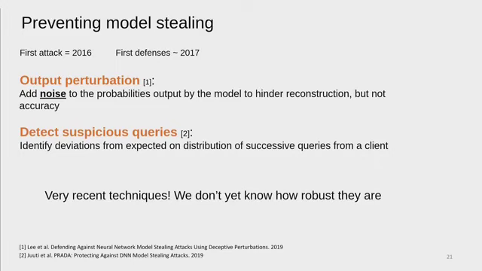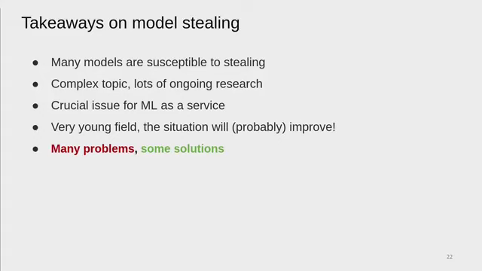But there's this trade-off where you have to be careful not to reduce the accuracy too much. The other option is to detect suspicious queries. For example, collect the number of queries that have been executed, and then try to limit the amount of leakage. There's still change happening. It's still very recent. It hasn't really been decided yet what the best options are.